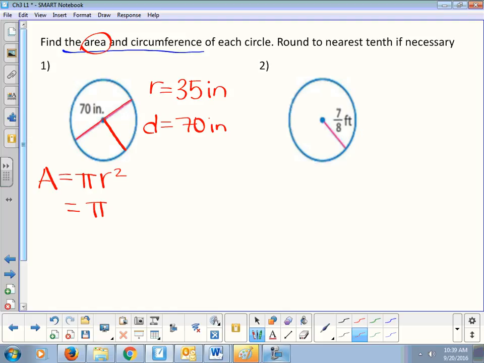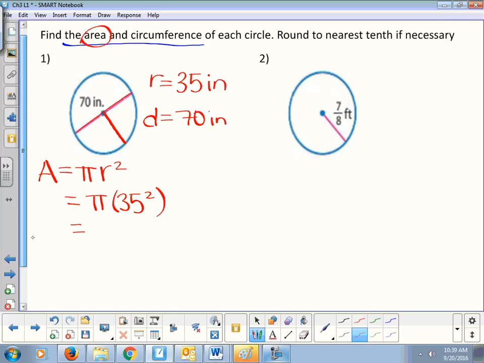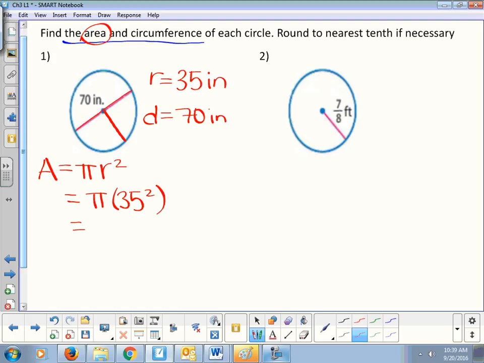And what is our radius? 35. So we need to square 35. And when you square a number, you're multiplying it by itself. So we do 35 times 35, which gives us, that's our radius, half of the diameter.